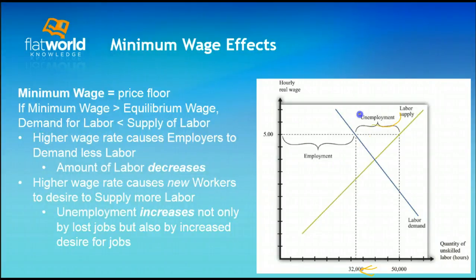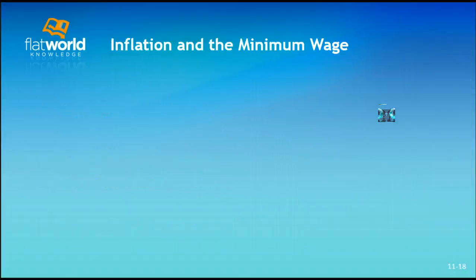So unemployment is affected both by the increased desire of workers to work and the fact that the firms cut workers. Now, what happens if inflation occurs and we have a minimum wage situation?